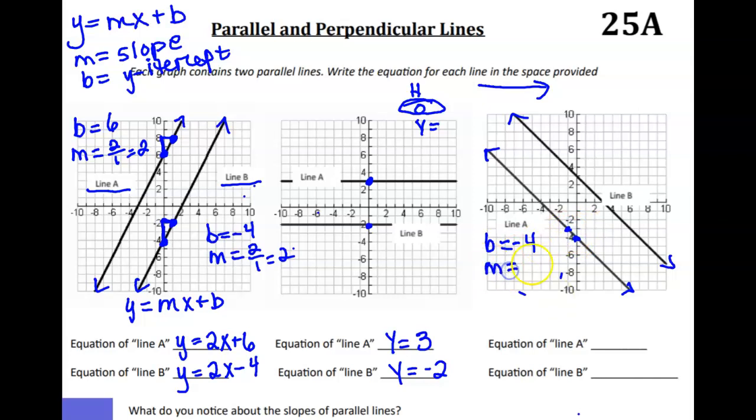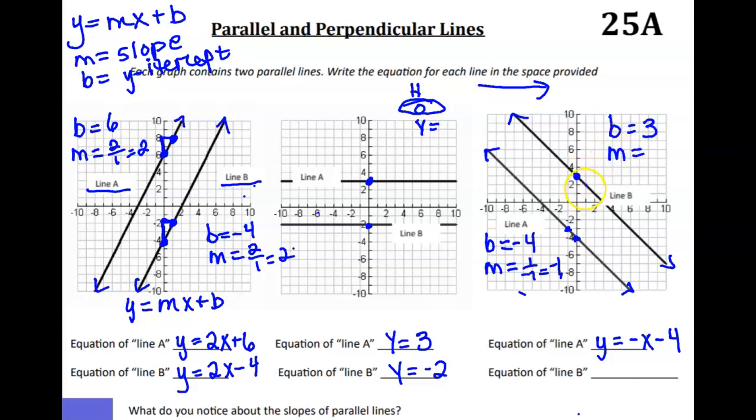So our slope is 1 over -1, which is a -1 slope. So the equation of that line would be y is equal to -1x, or I like to write just -x minus 4.